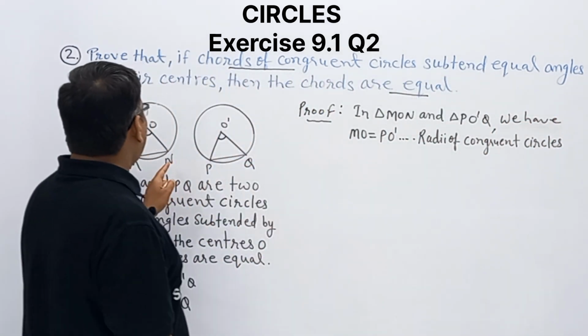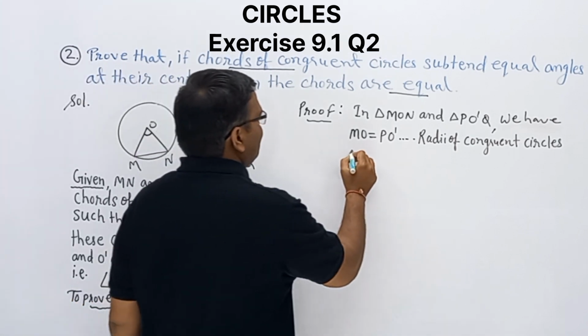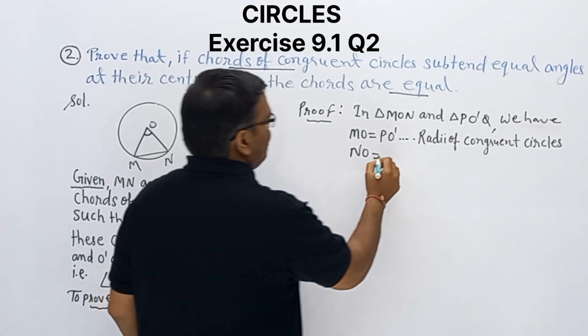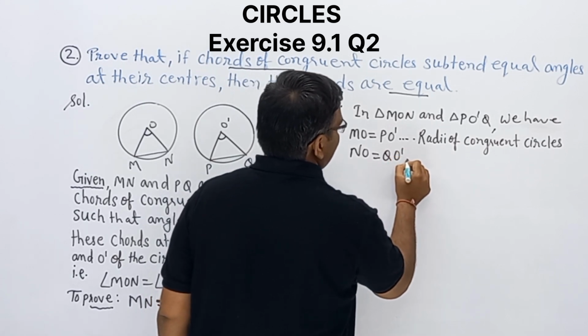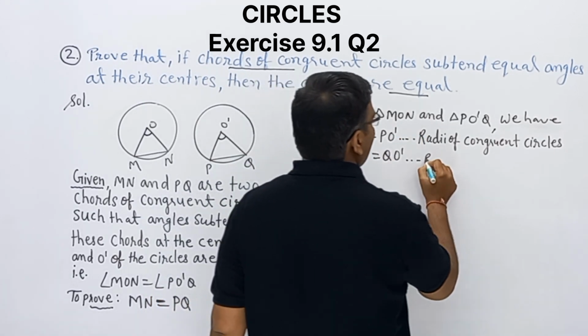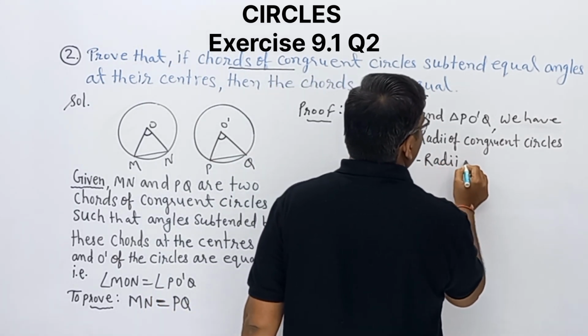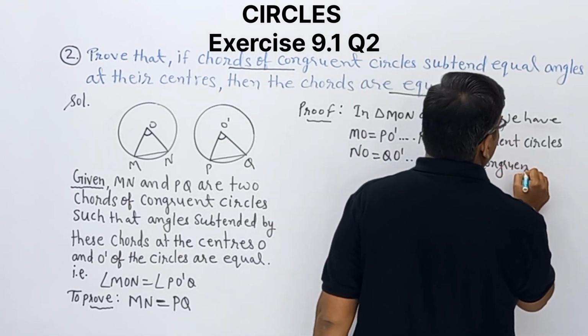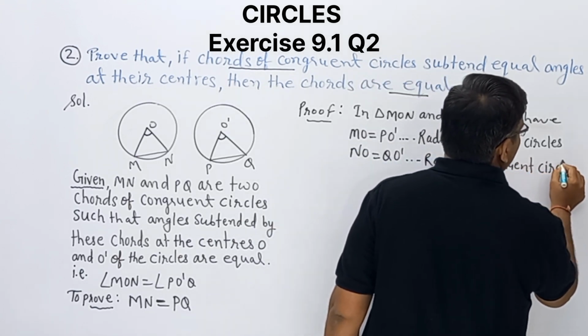Clear? Now another one, NO equals QO'. Why? Radii of congruent circles.